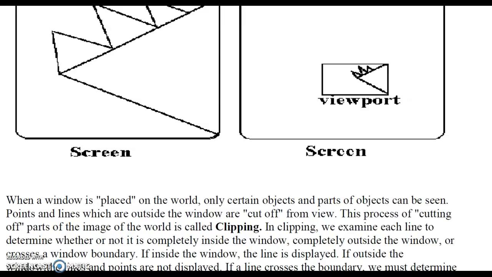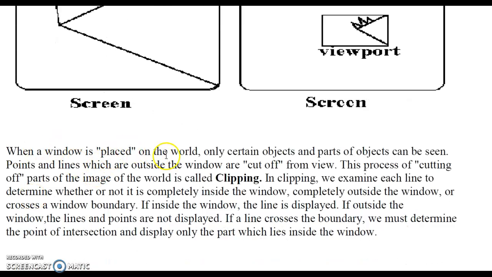Okay, I hope you understand the difference. When a window is placed on the world, only certain parts of the objects can be seen, like that fish image, where you can see only a certain part of the object. The points and lines which are outside the window are cut off from view. This process of cutting off parts of the image of the world is called clipping.